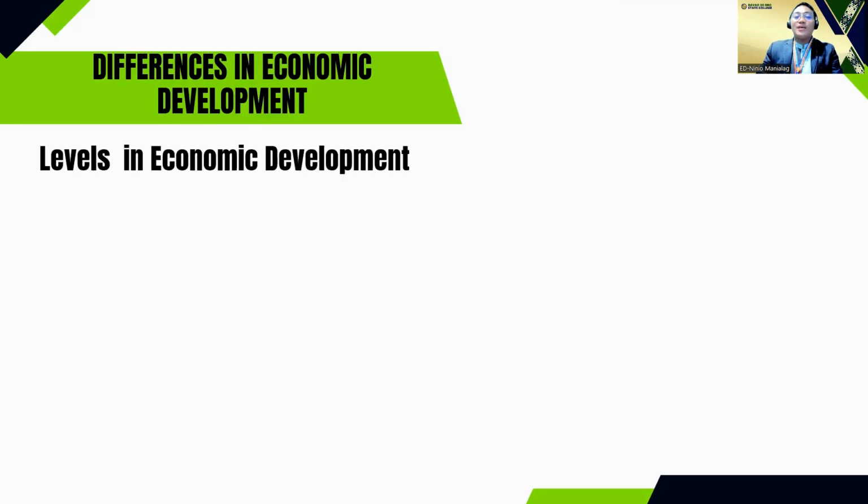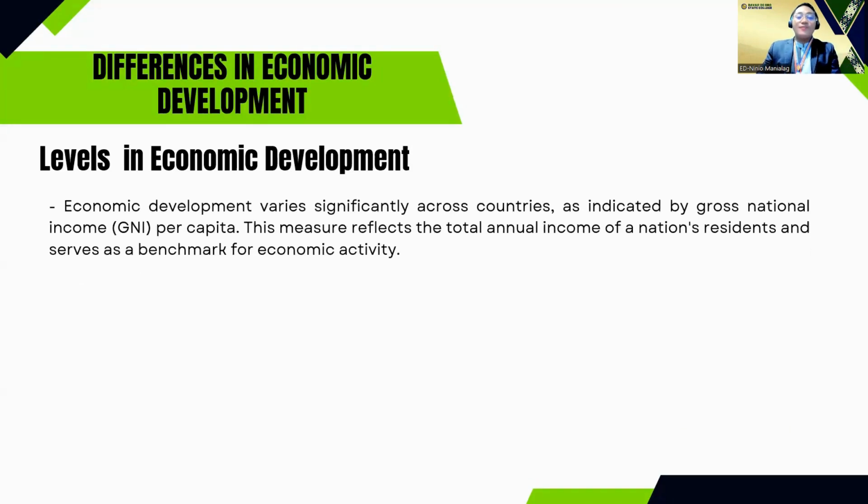So the level of economic development. Well, economic development varies significantly across countries, as indicated by gross national income or GNI per capita. These measures reflect the total annual income of a nation's residents and serve as a benchmark for economic activity.